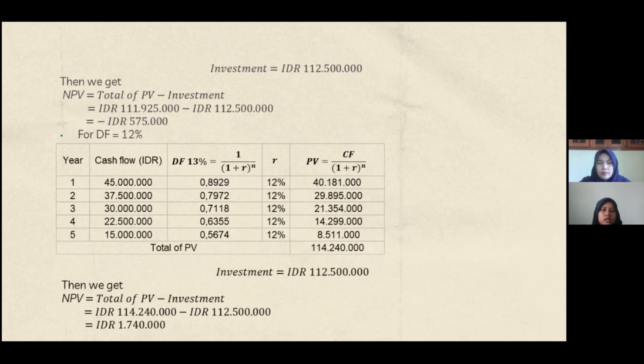We get the total of PV shown on the table, which is 114,240,000 rupiah. And we get the NPV of 1,740,000 rupiah.